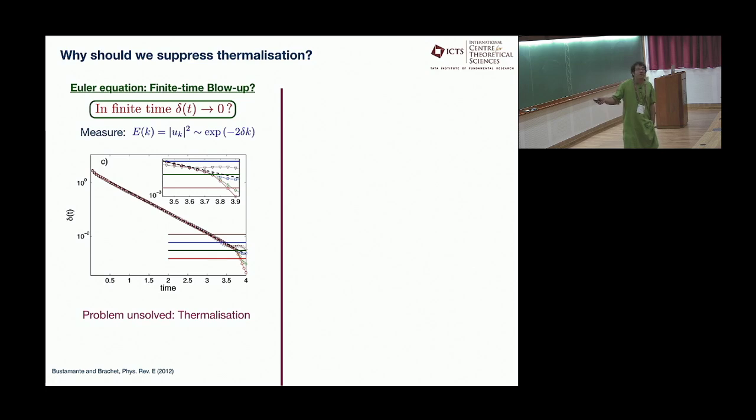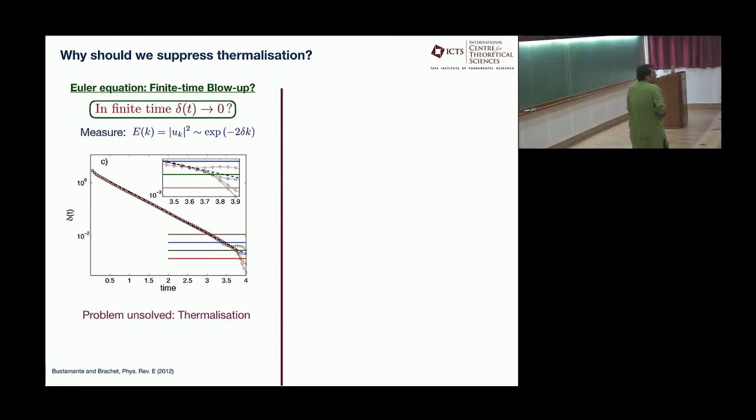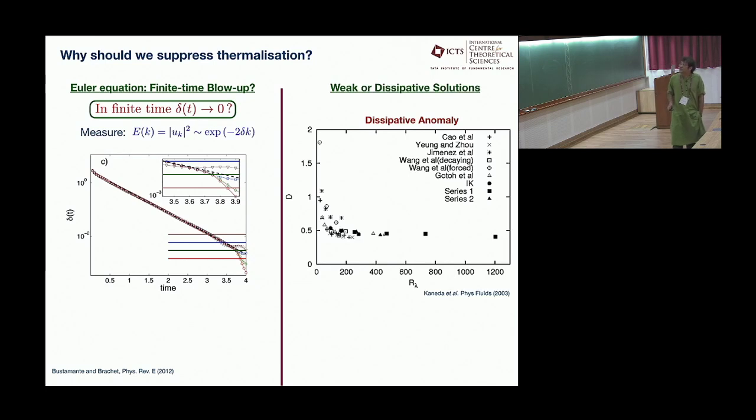So from around this point, you cannot measure delta anymore. And so you cannot conjecture numerically whether delta would have gone to 0 or not in a finite time. Although Marc and Miguel suggest that at least at early times, this seemed to go down exponentially. But there are results from Bob Kerr's group where thermalization was even stronger, where the results are quite different.